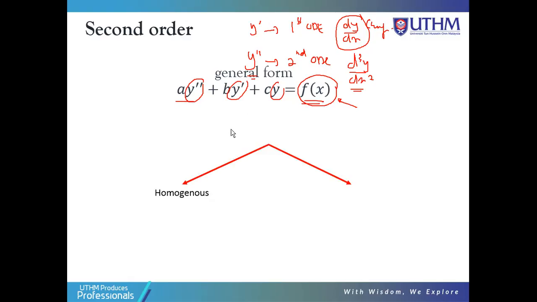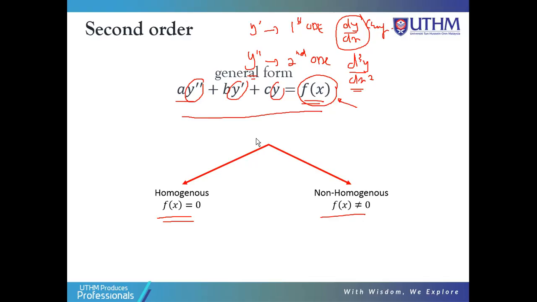The ODE can be categorized as homogeneous if f(x) equals 0. If f(x) is not equal to 0, we call it non-homogeneous. That's all. Only this form is the general form for the ODE, and make sure f(x) must be equal to 0, and then we can categorize that the ODE is homogeneous.